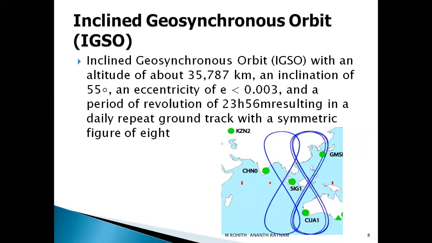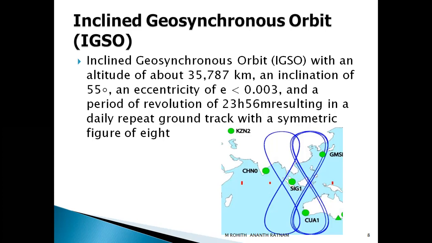One more thing we have, which is at the same distance as geostationary, but we call it the inclined geosynchronous orbit. The way of rotation is different, right? Where the geostationary satellite rotates around the Earth, the geosynchronous one rotates in an eight-shaped manner, in inclination.